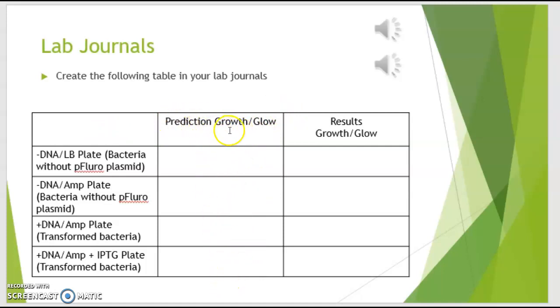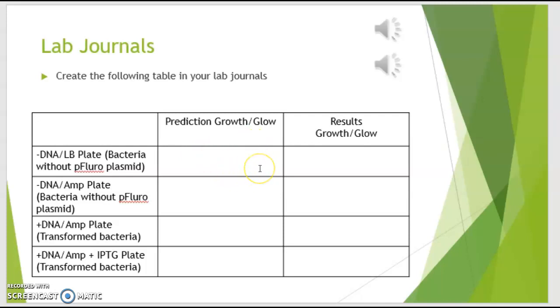For the prediction column for growth, you would put a positive if you believe that the bacteria explained in column 1 would grow, or you would put a negative if you do not think it would grow on the plate listed. For glow, same here.